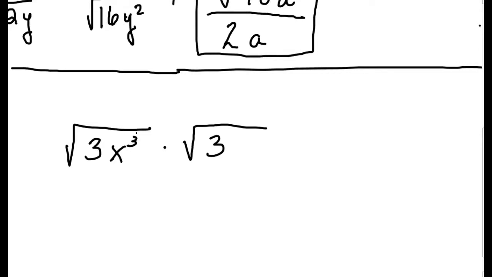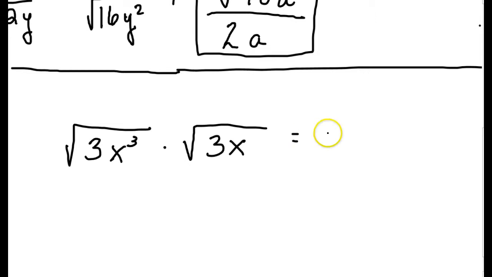We can just do 3x. Wouldn't that make it 3x to the fourth then? Yep, because we can take the square root of that.